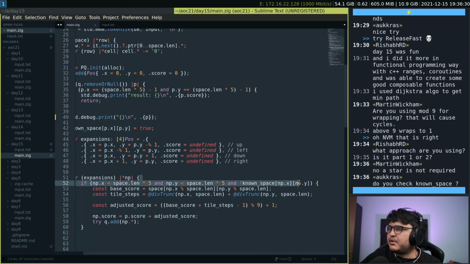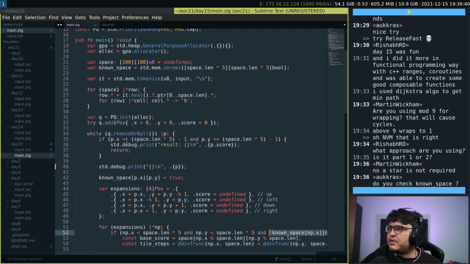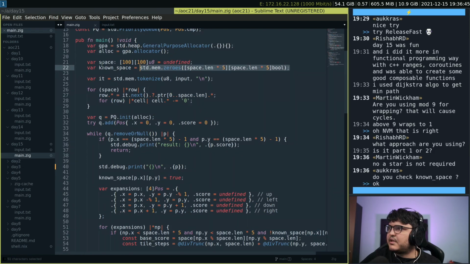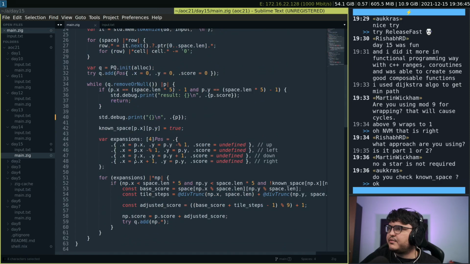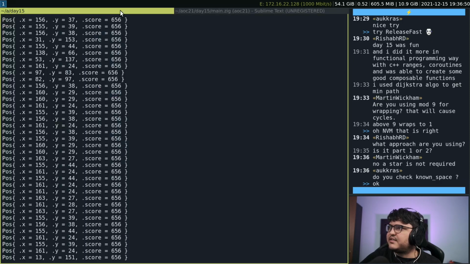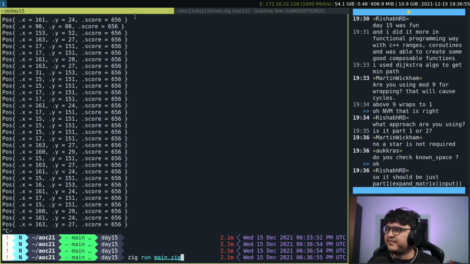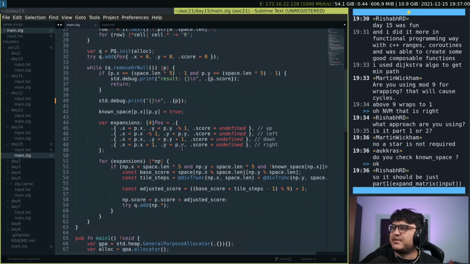So yes, I only add them if they are not part of known space, and known space starts at false. And it's 5 times as big a space. If this access was wrong, is this really just a matter of doing release fast? I don't think so, though. It's never released fast.